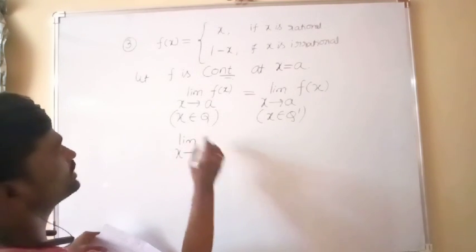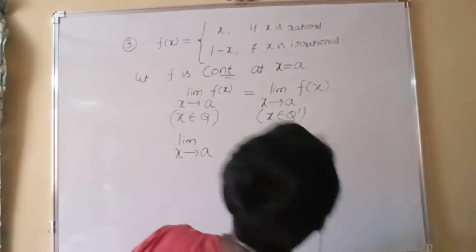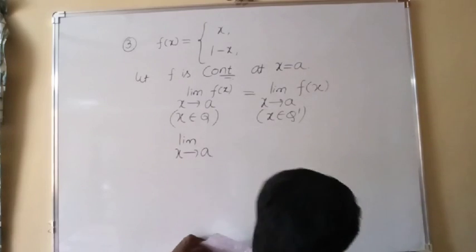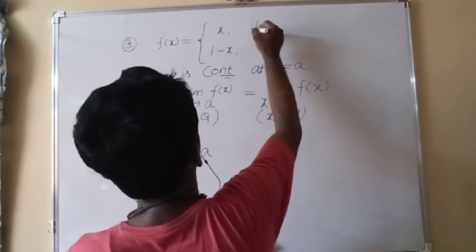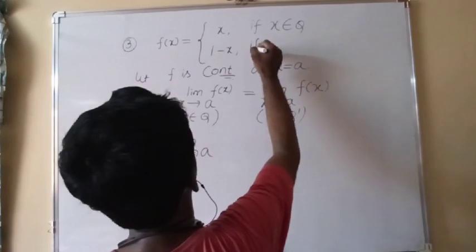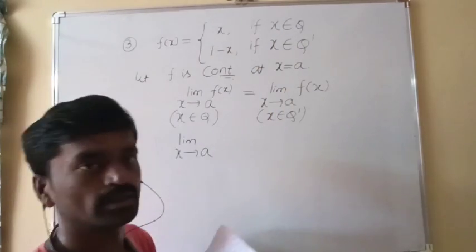So limit x tends to a, in this case x takes only rational values. Instead of writing this, I am giving a notation.